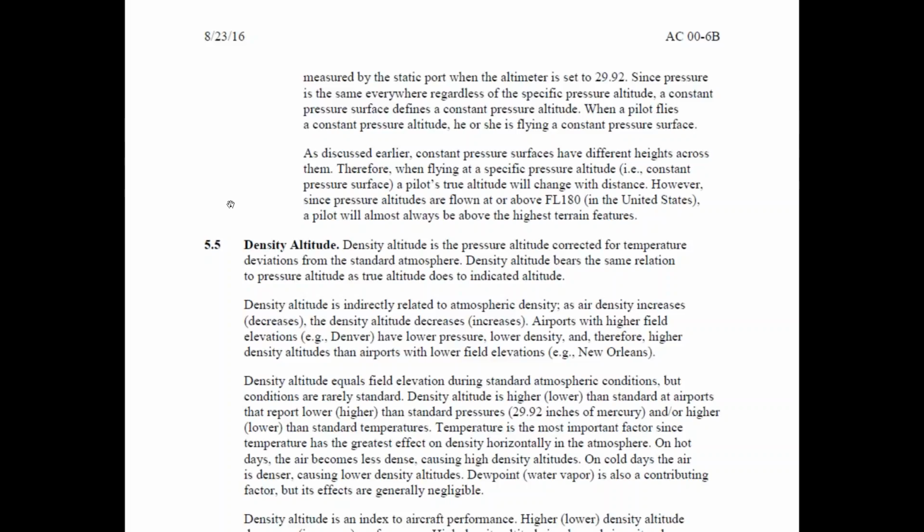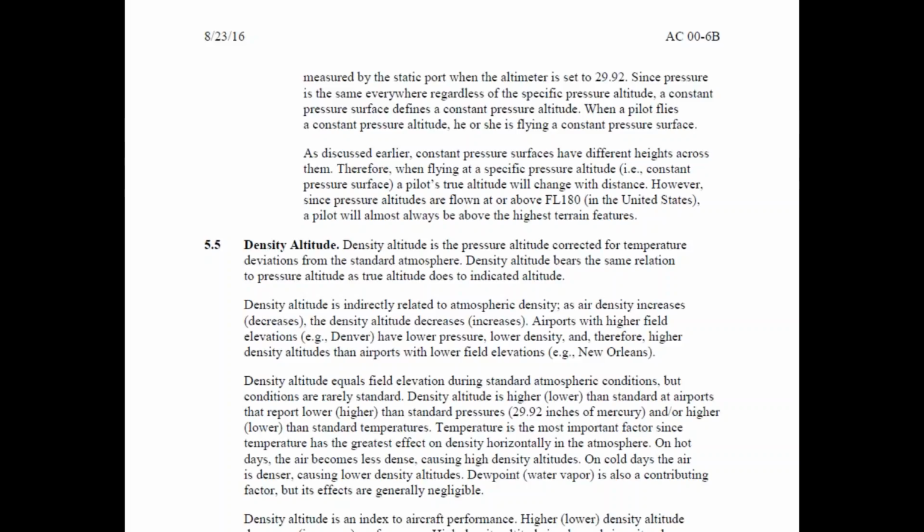So this is just going back, talking about how when you're at 18,000 feet or higher, you fly what this refers to as a constant pressure altitude. That's where when you pass through 18,000 feet, you'll always see one of the pilots adjust the altimeter setting from whatever it was at the airport they took off from to 29.92.